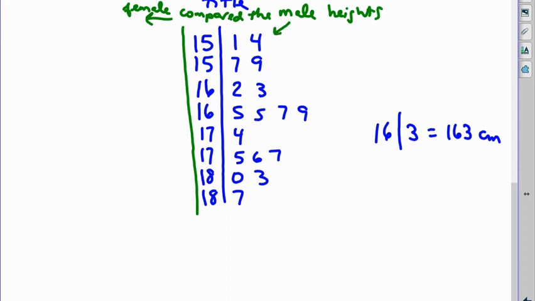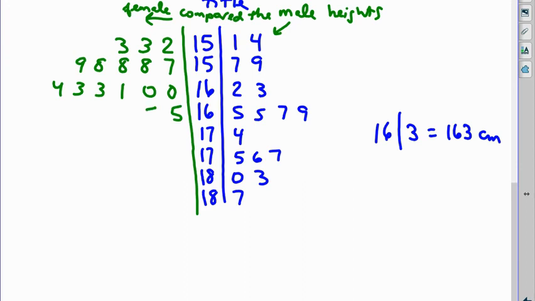So if you look back at the female data, in the 150s, there was a 2, a 3, and a 3. There was a 7, 8, 8, 8, 9. There was a 0, 0, 1, 3, 3, 4. There was a 5, 5, 6, 6, 7, 8, 9, 9, and then there was no one in these groups, so we'll leave those empty.